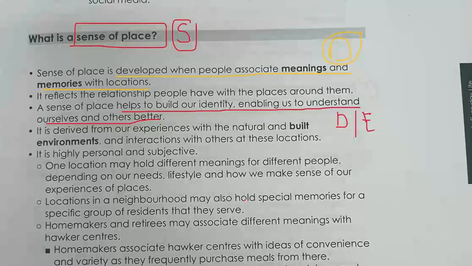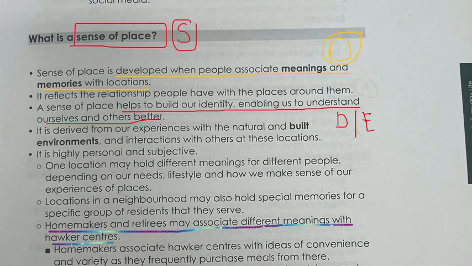Locations in the neighborhood may also hold special memories for a specific group of residents that they serve. Again, specific group of people, I don't know. It's very general. Homemakers and retirees may associate different meanings with hawker centers. Wow, they are very specific. So this can be my example, right?